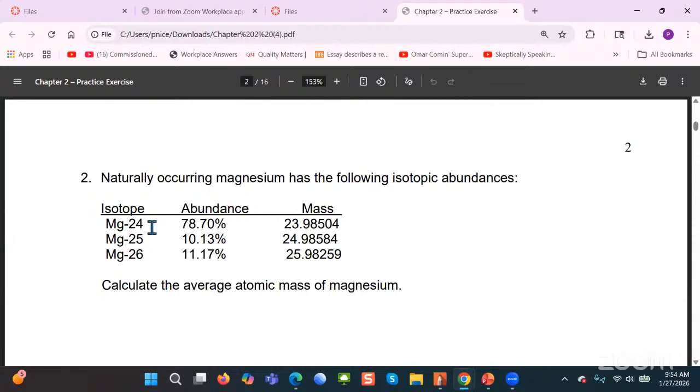So magnesium 24 is the most abundant at 78.70%, followed by magnesium 25, which is 10.13%, followed by magnesium 26, which is 11.17%.